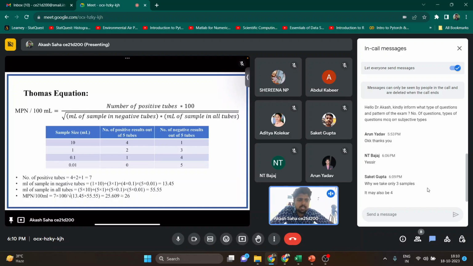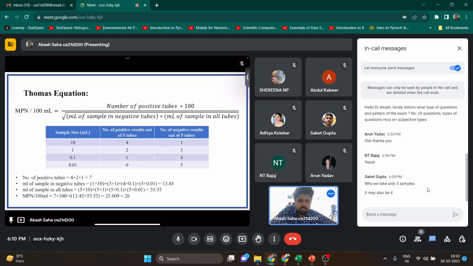Suppose you don't have the chart, it can be 4 also. You can do it for 4. Like here itself, I have given the Thomas equation. For solving the Thomas equation, I have given the 4 sample sizes. But the NPN index chart is given for 3 serial dilutions. So that's why for experimentation also, we do the 3 serial dilution.